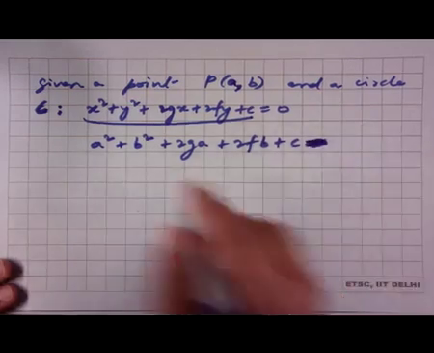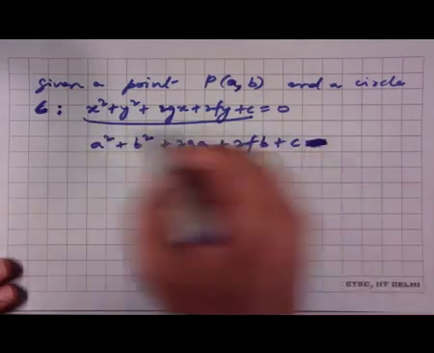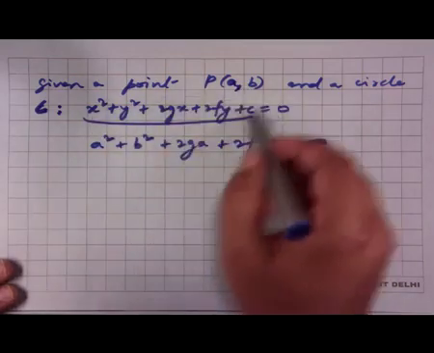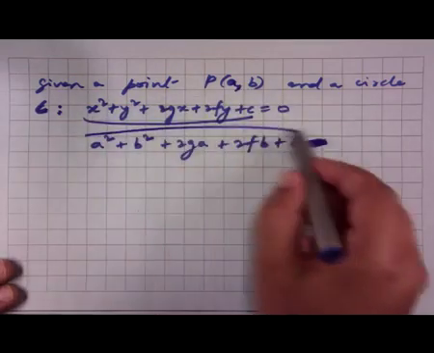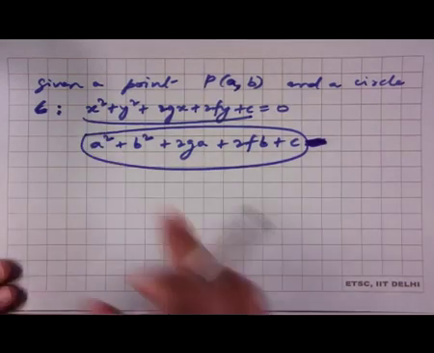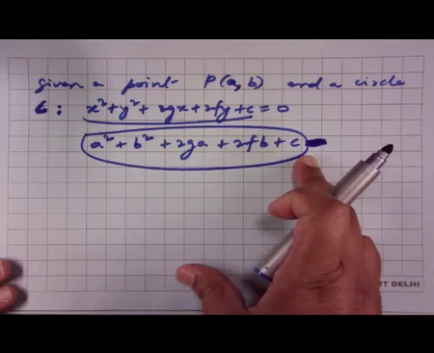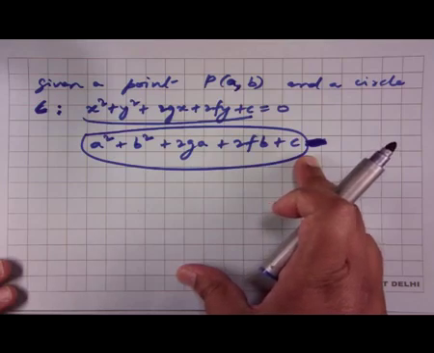If we replace x with a and y with b in this left hand side, we get this value here, and then we check this value, because it will be either positive or negative or equal to 0.